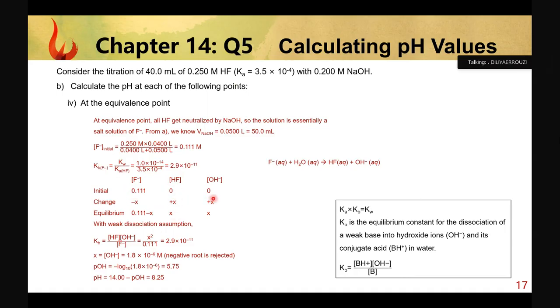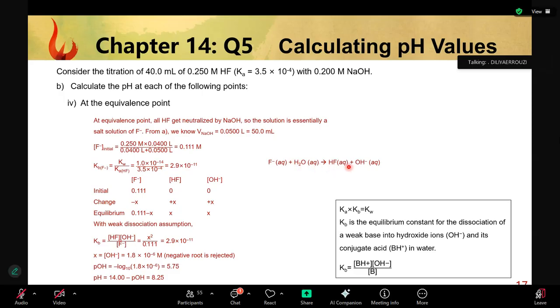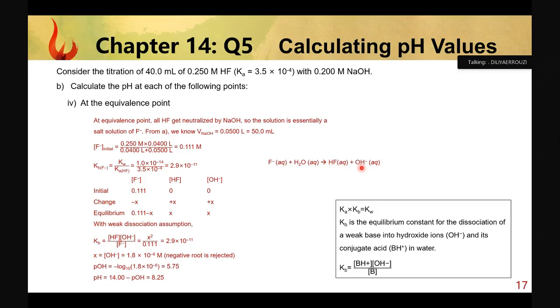Then use an ICE table to write down the fluoride equation: fluoride plus water equals hydrogen fluoride plus hydroxide ion.